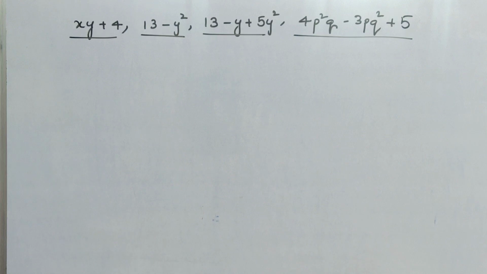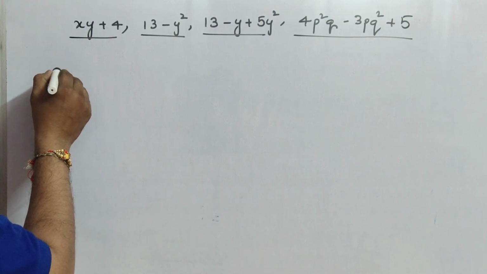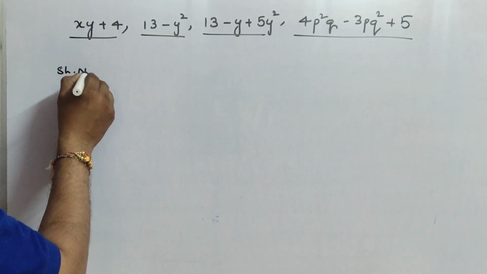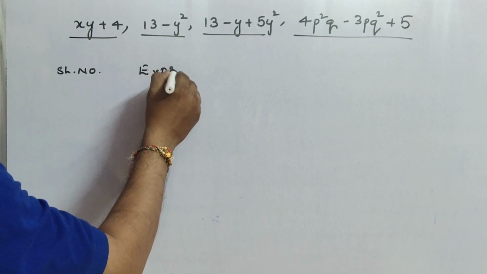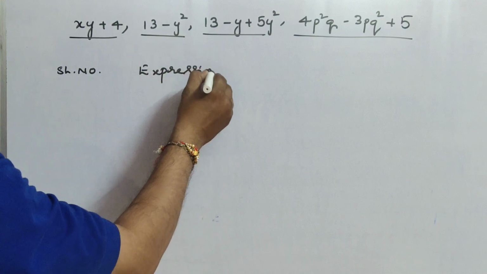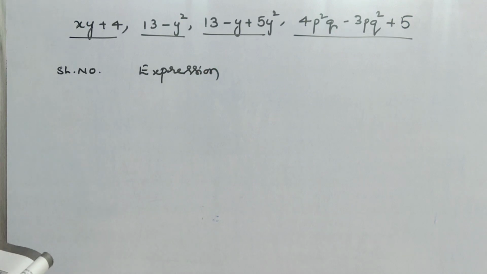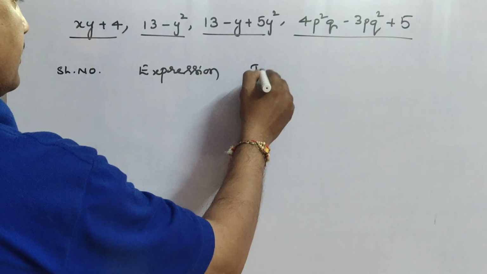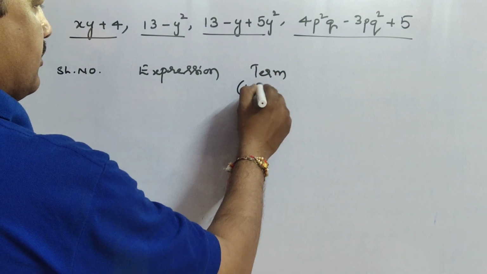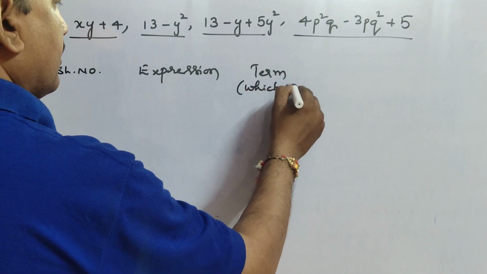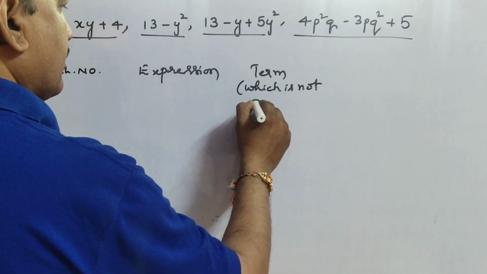Give their numerical coefficients. When 4 or 3 sums like this are given, children, first prepare one table. That is serial number and expressions. Expression means what the question is, only the expression. Next, the term is asking which is not a constant.